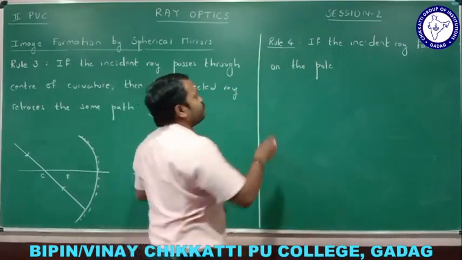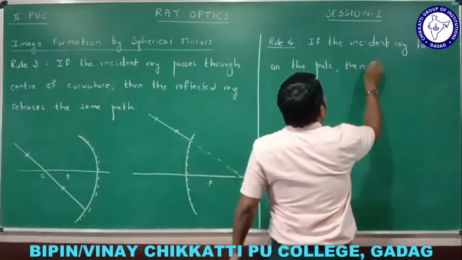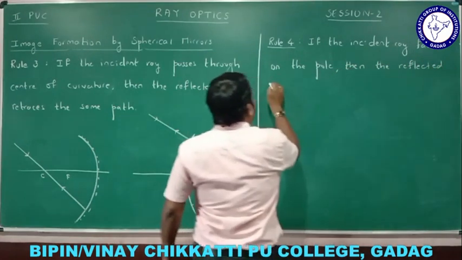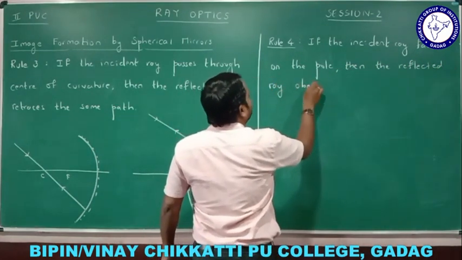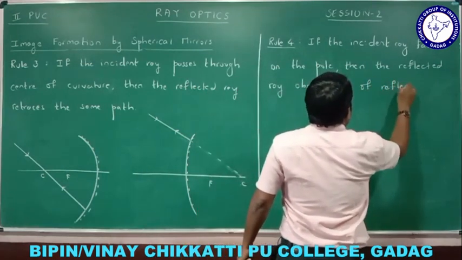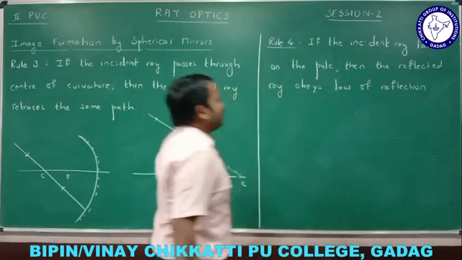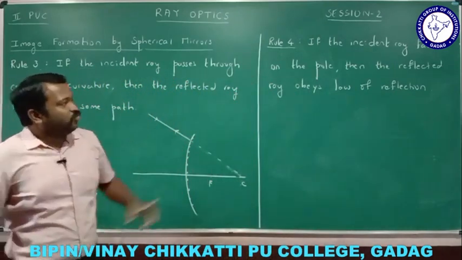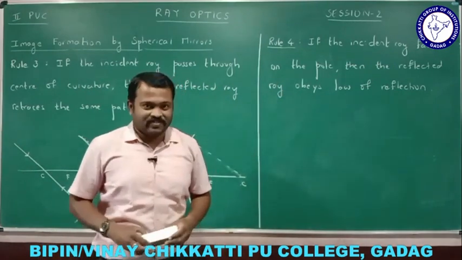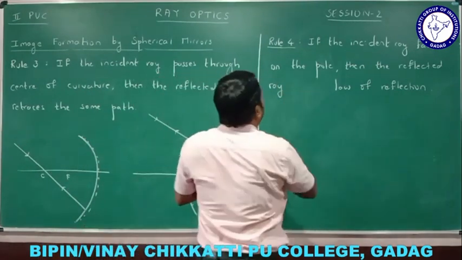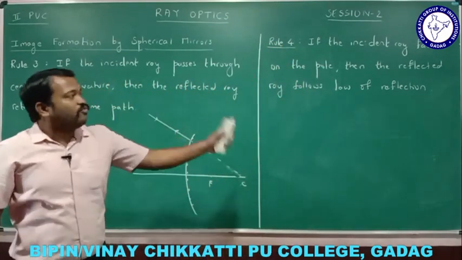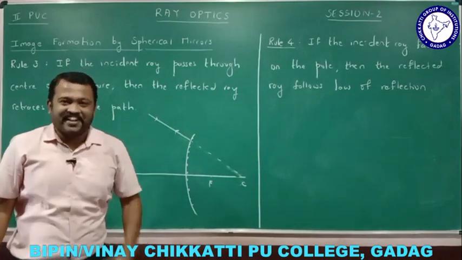If the incident ray falls on the pole, then the reflected ray follows the law of reflection. Let us check it out.